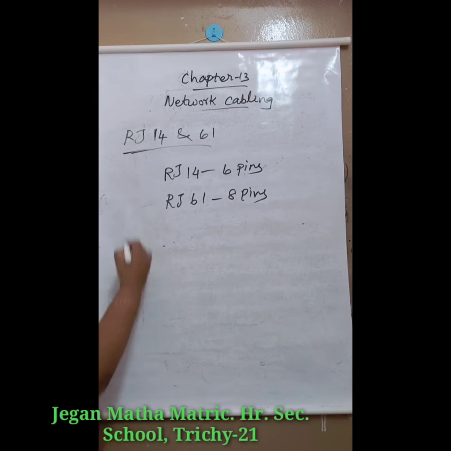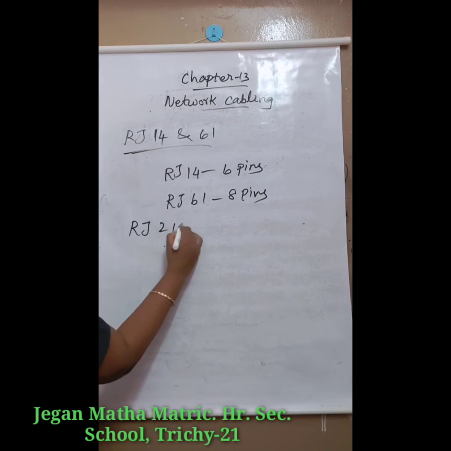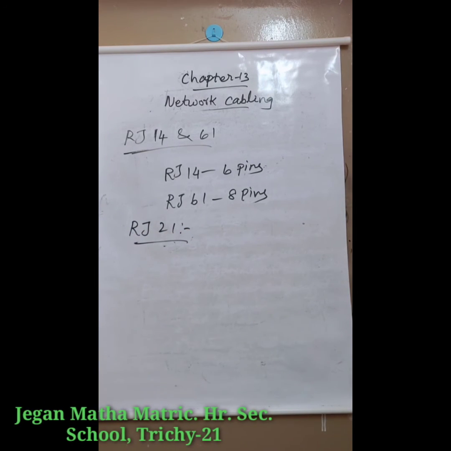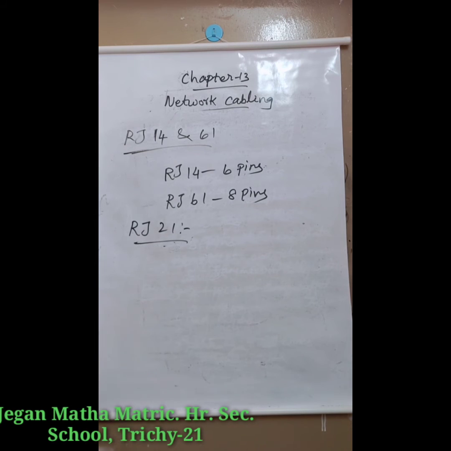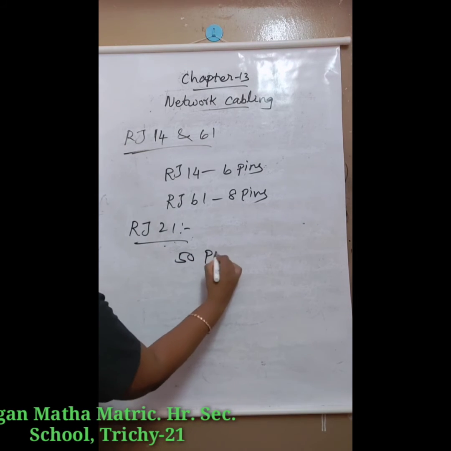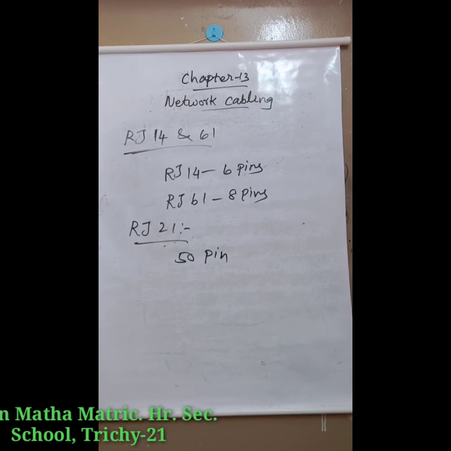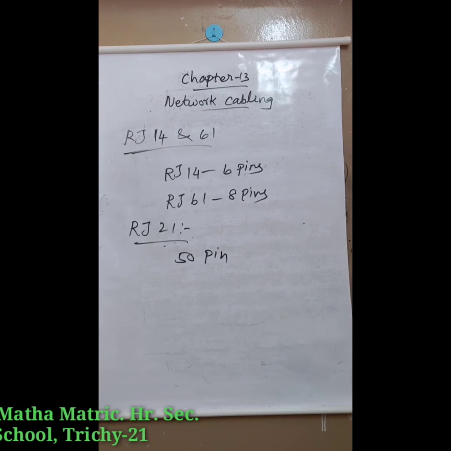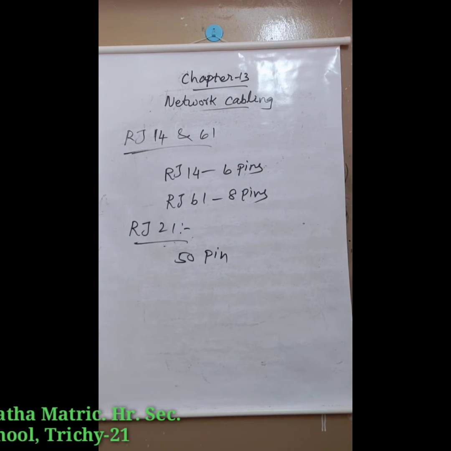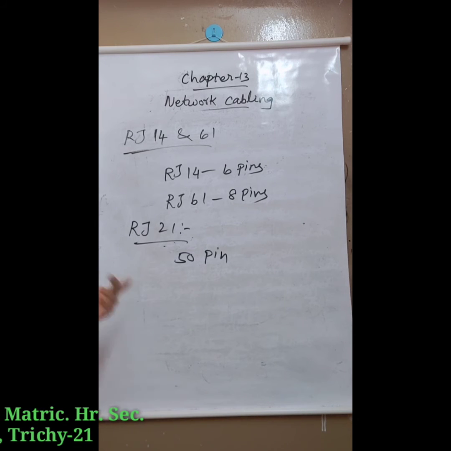And next one is RJ21, registered jack 21. It has 50 pins, 25 pins at one end and another 25 pins at the other end.